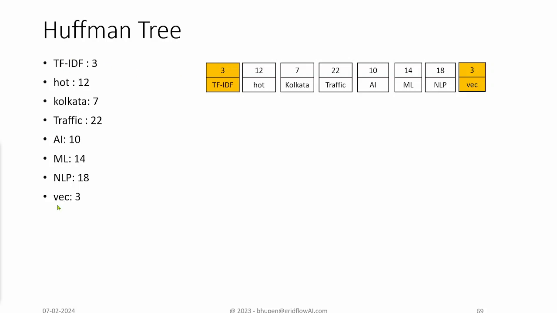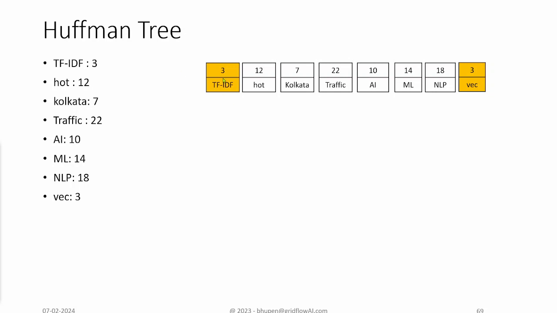It doesn't matter what sequence. Now, this tree formation is very interesting, and I will tell you the intuition behind this tree. Let's first look at the mechanical aspect of how we form the tree.